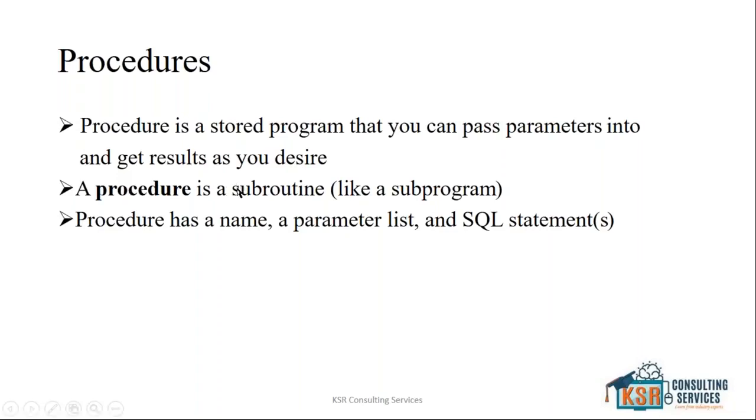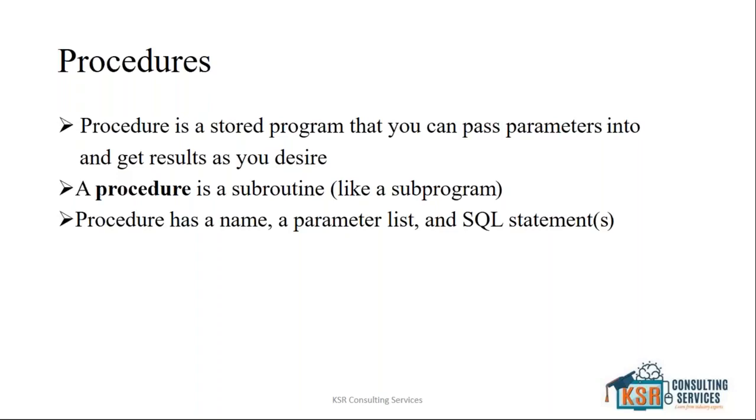A procedure is a subroutine, maybe like a subprogram. Internally a procedure has a name, a parameter list, and SQL statements. A set of SQL statements will be there. That is what we have written, the case statement or the condition, and we are writing some logic that all comes under SQL statements.